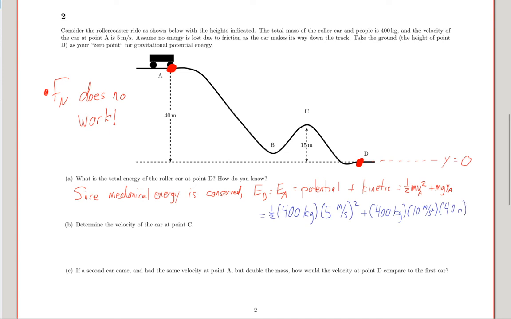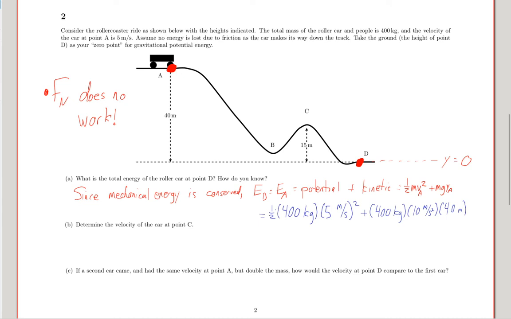So adding these together in my head, let's see, 400 times 25 is 10,000, divided by 2 is 5,000 joules. No, 400 times 25, yep, that's 10,000 joules of kinetic energy. And over on the right, I'm just doing the math in my head, you all can do it in your calculators.